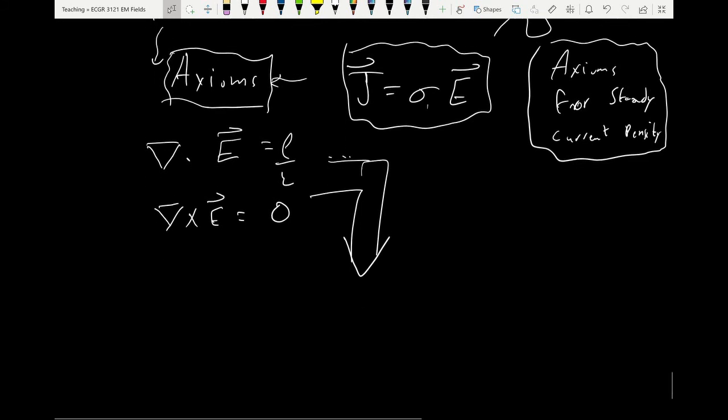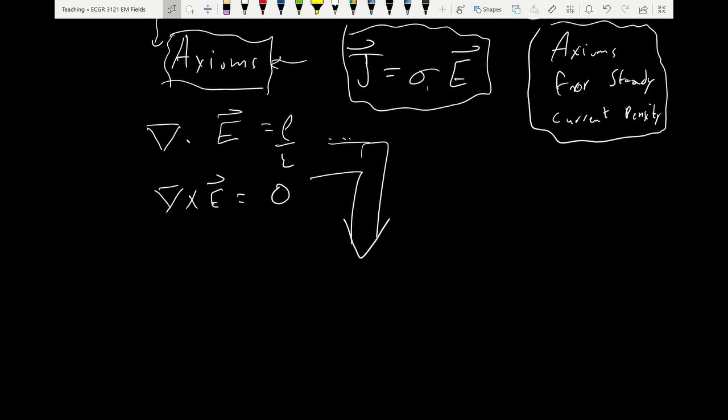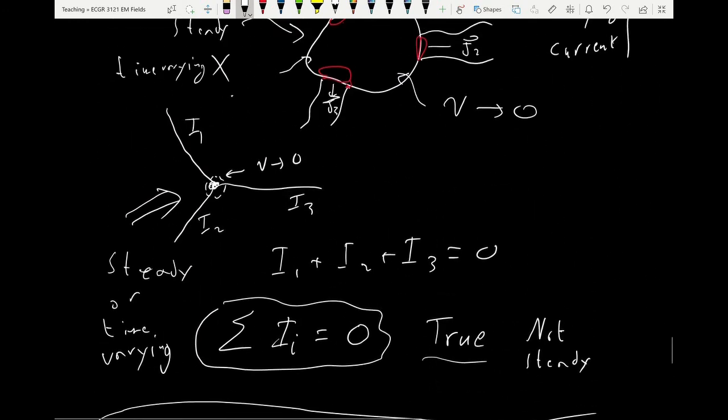First off, for steady current, we said there shouldn't be any charge accumulation, right? Charge should not be accumulating. So divergence of J equals 0. There can be charge, but delta rho v over delta t equals 0, right? So this is one result that we got for steady current.